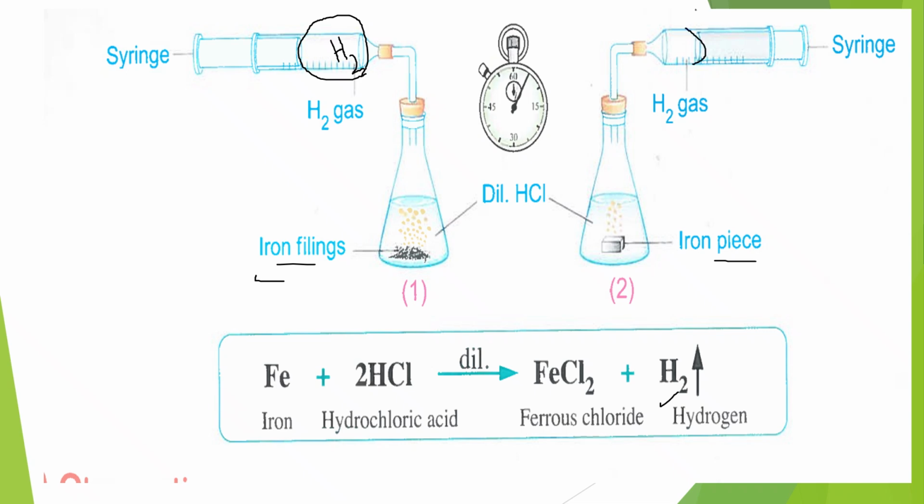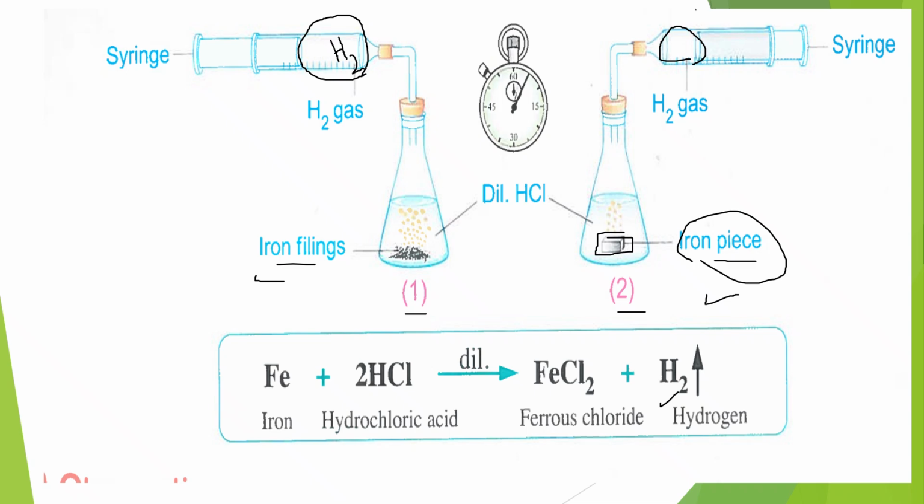On the other side, this is the gas resulting from the reaction between the iron piece and hydrochloric acid. So the difference between 1 and 2 is in the form of the substance. The substance here is the iron piece. Only the outer surface can get in touch with the acid. Only the outer surface of this piece can react with the dilute acid.